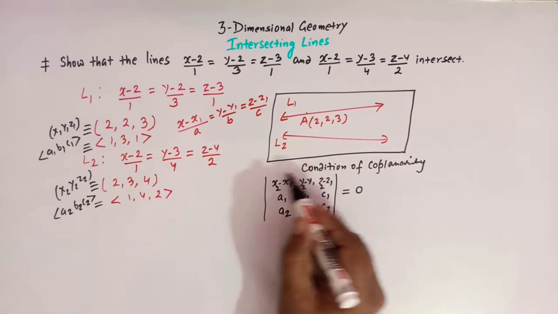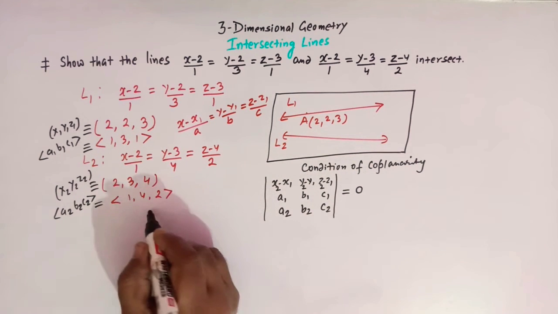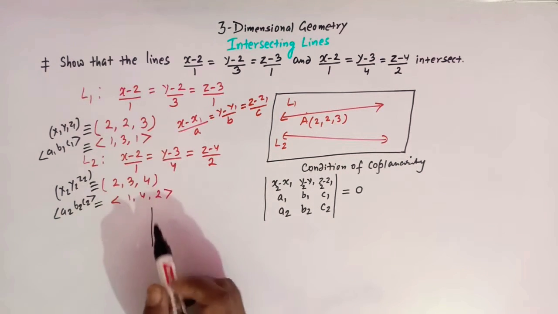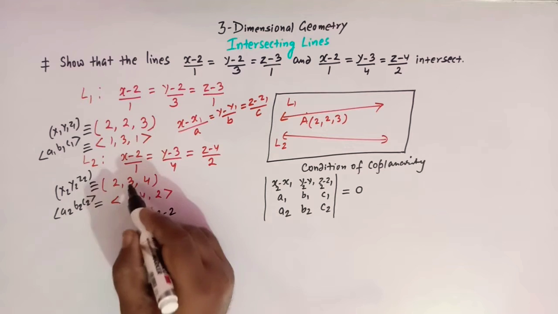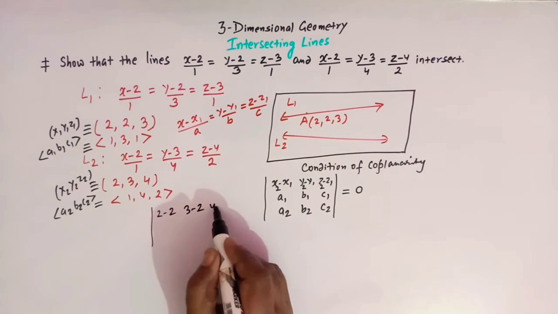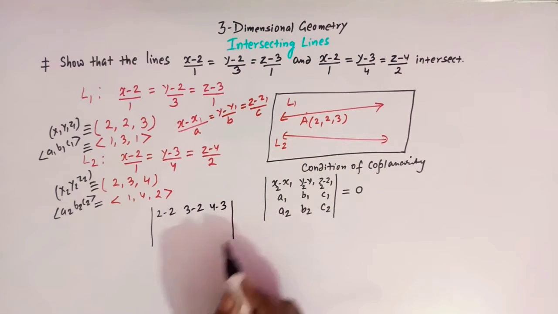Now let us calculate the value of this determinant. We have x2 minus x1, so 2 minus 2, then 3 minus 2, and then 4 minus 3.